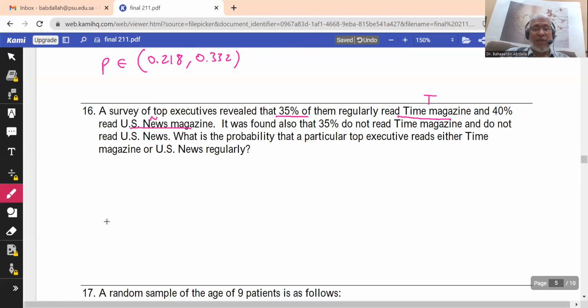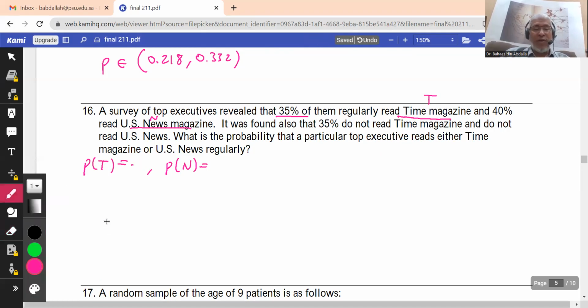If I call this event capital N, we have probability of T is 0.35. Probability of reading Time magazine is 0.35. The US news is 0.4.